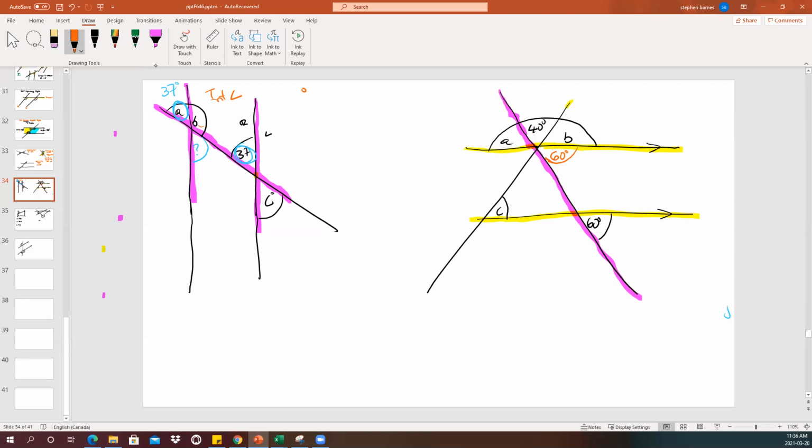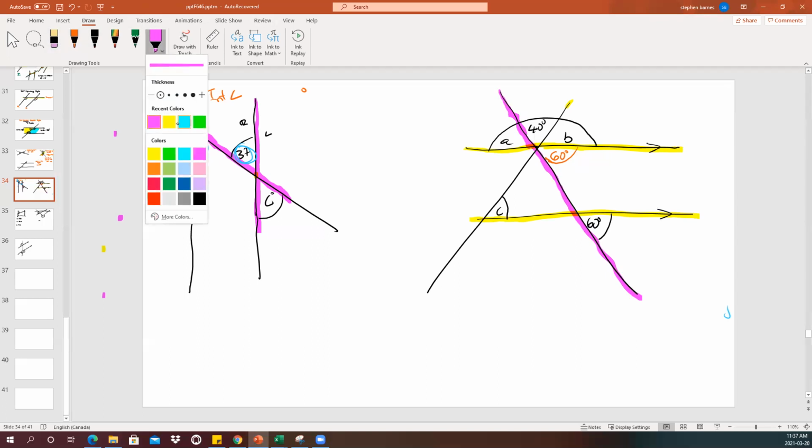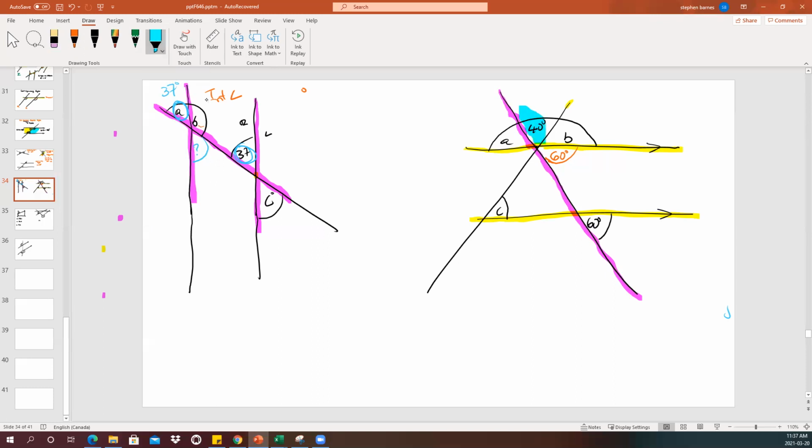Are you following me? Yes, miss. So having found this 60, because we used the property of corresponding angles, we can then go ahead and say angles on a straight line, and I'm using this here as my straight line. Angles on a straight line will be equal to 180.